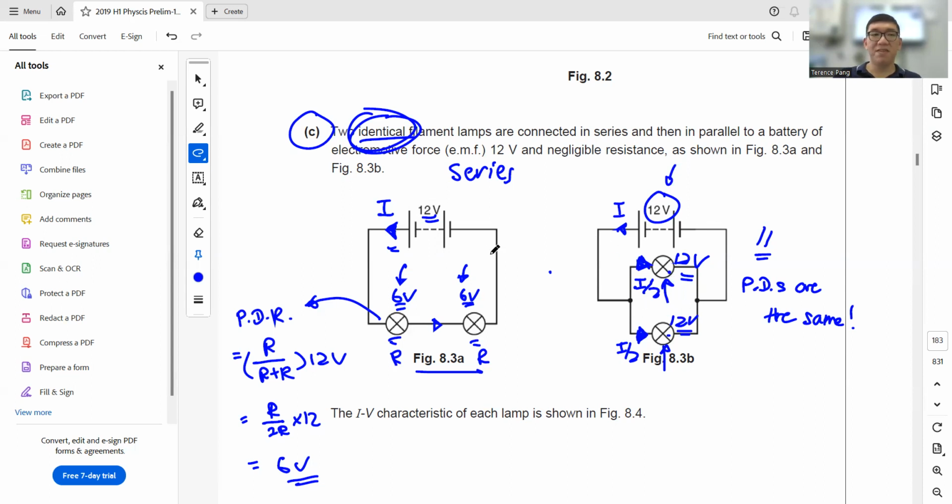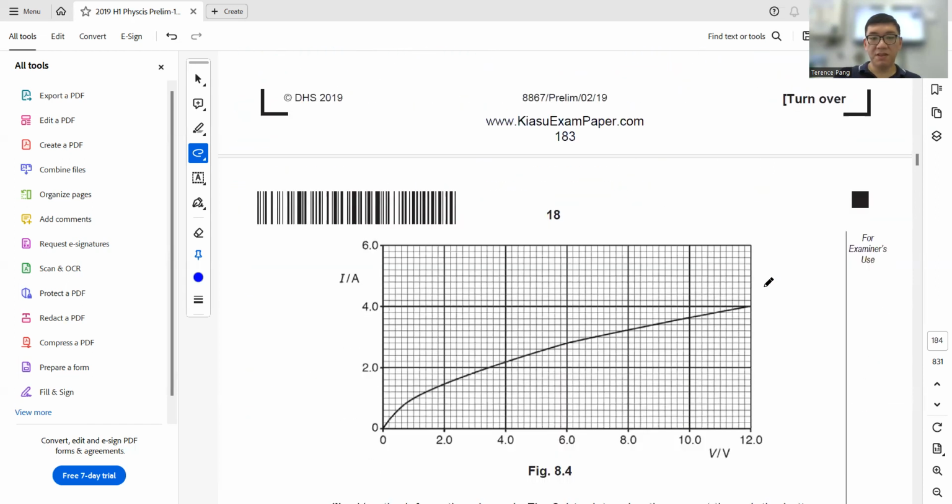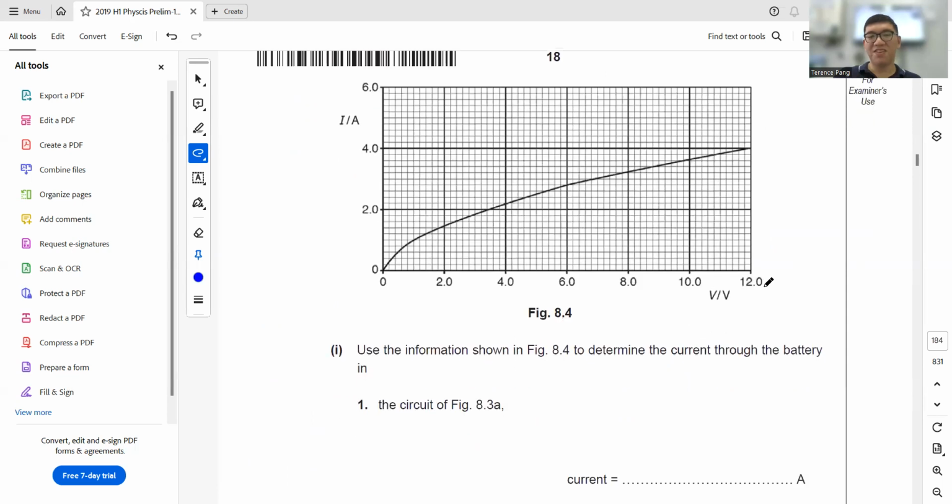So these are the basics that you need to pin down before you even do the question. Okay? So with this, we shall go and do the question.